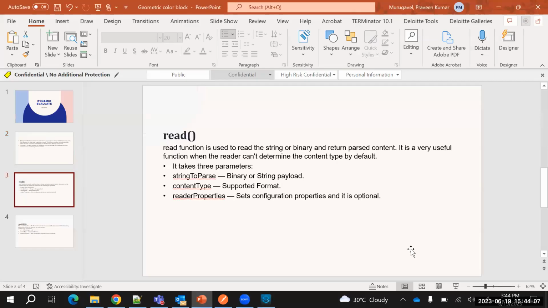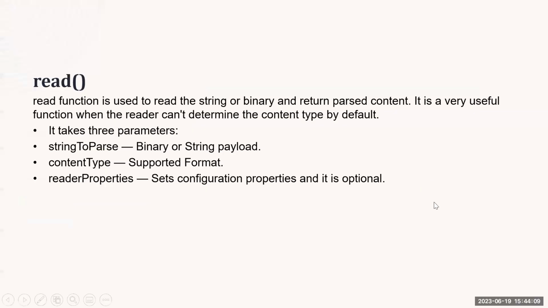As you could see, the read function is used to read the string and return parsed content. This becomes useful when the reader cannot determine the content type by default. It takes three parameters: string, content type, reader properties.